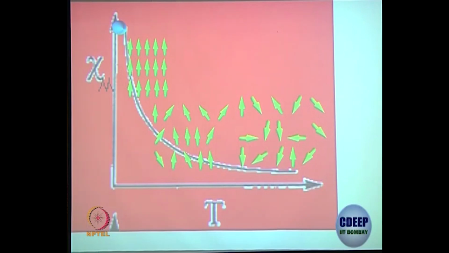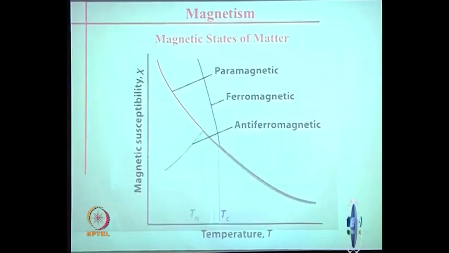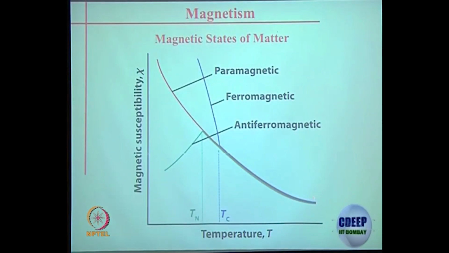You start with 1000 degrees centigrade, come to room temperature, and the magnetic moment value will increase for the sample. This is the behavior you are expected to see for a paramagnetic complex. So random spin, a little bit organized, further organized. That's the kind of behavior you should expect for paramagnetic species.